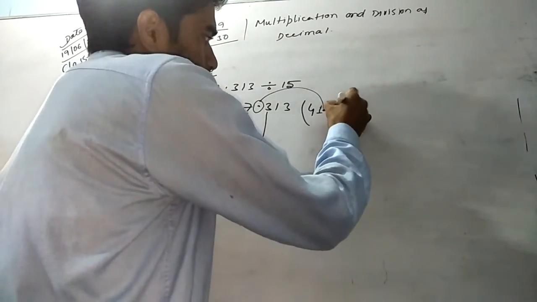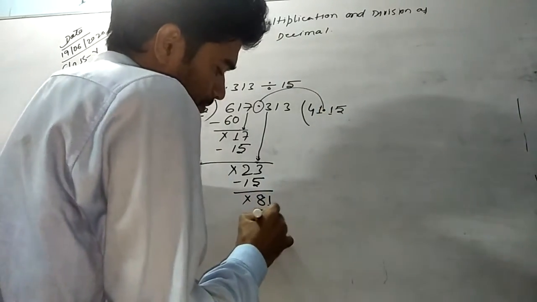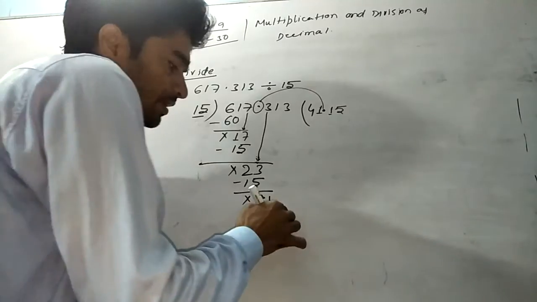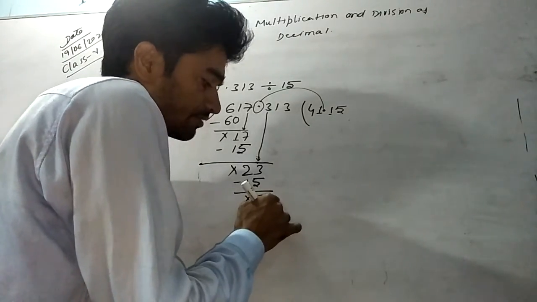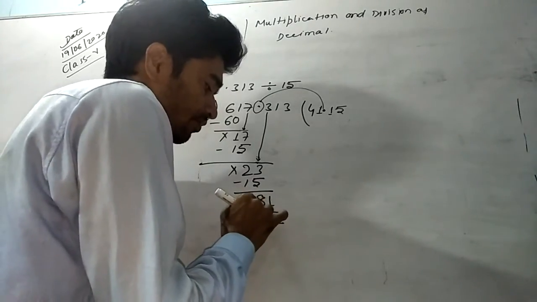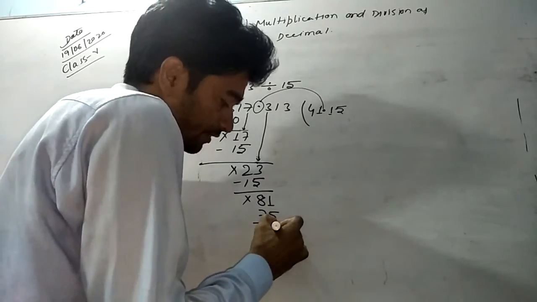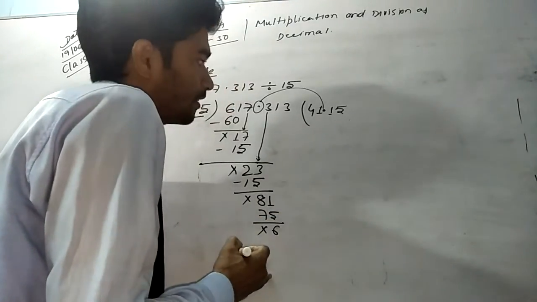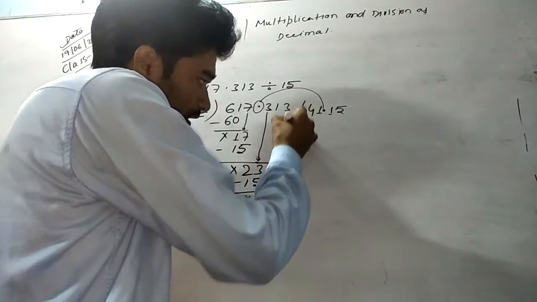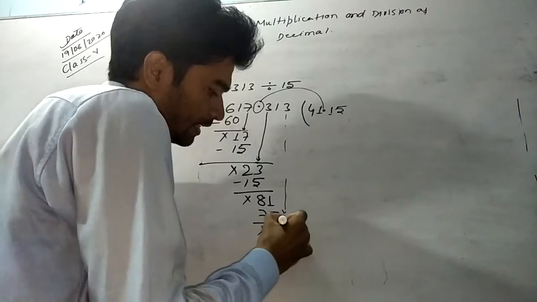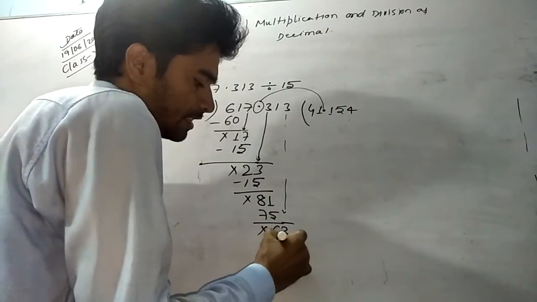15 fives are 75. 5 cannot be subtracted from 1 because 1 is less than 5, so take 1 carry. This is 11. 11 minus 5 is 6, and this is cancelled. Take this 3 here. 15 fours are 60.